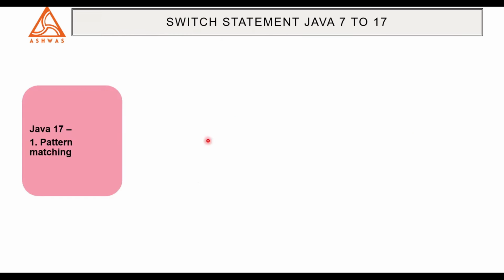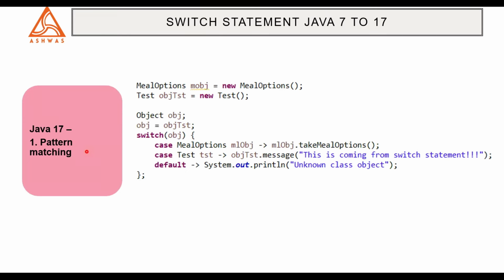Java 17. Java 17 added more prominent features to switch, giving it an upper edge over everything else. They included pattern matching. Previously, apart from the switch statement, if I had to do pattern matching, I had to make use of the instanceof operator.